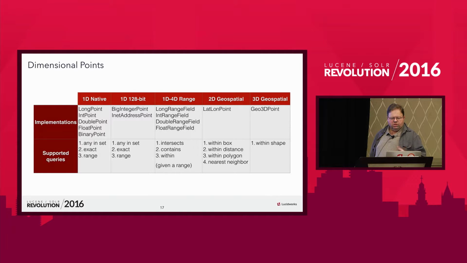And the queries that are supported are intersects. That is, there is some overlap in a submitted range. So all of these queries are a submitted range that you're trying to find matches for. So you can find matches where there's some overlap. The contains query will find points that are fully contained within the query range, and within is the inverse of that.